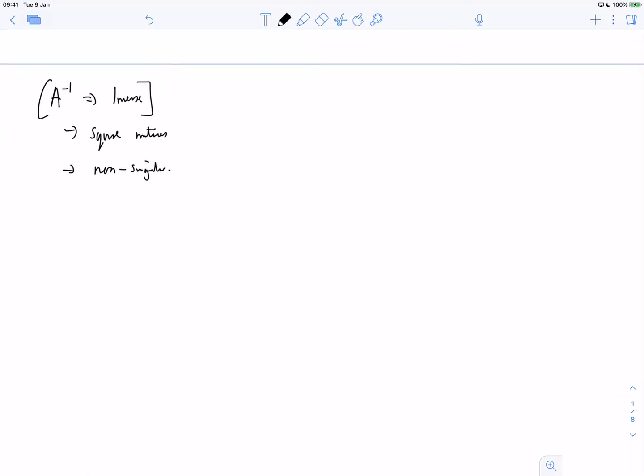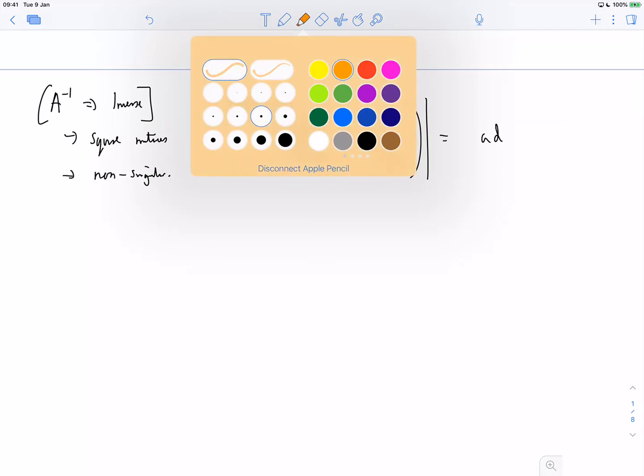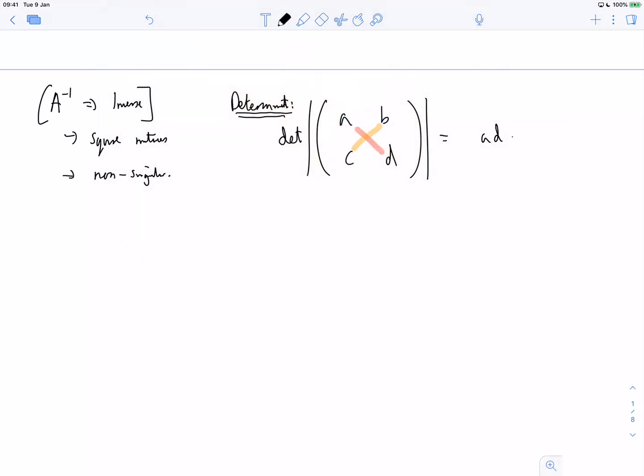Well, to answer that question, we're going to have to consider something called the determinant. Okay, and it's really easy. If I've got a matrix A, B, C, D for a 2 by 2, then the determinant is this product: A times D minus the opposite product, B times C. And that's easy to compute.